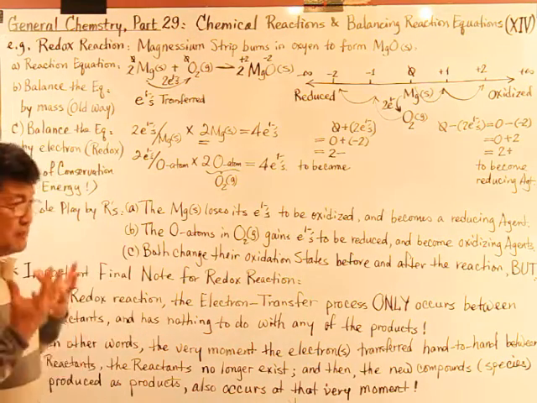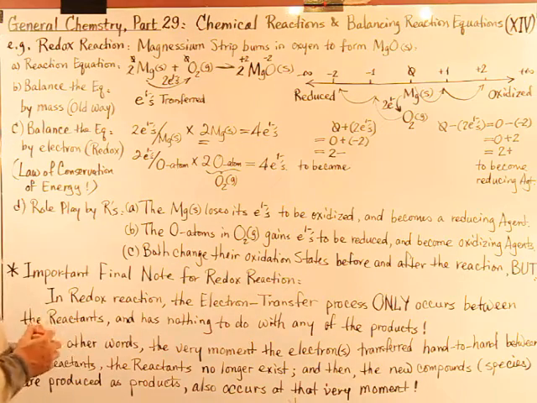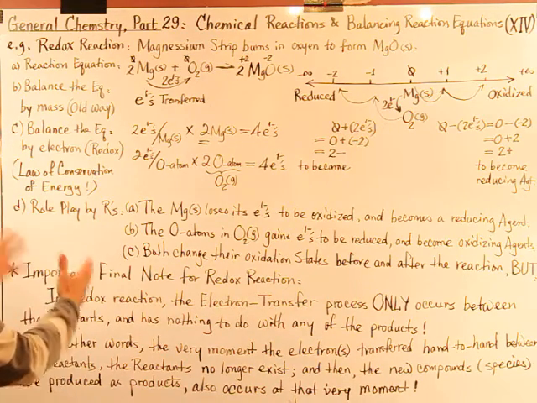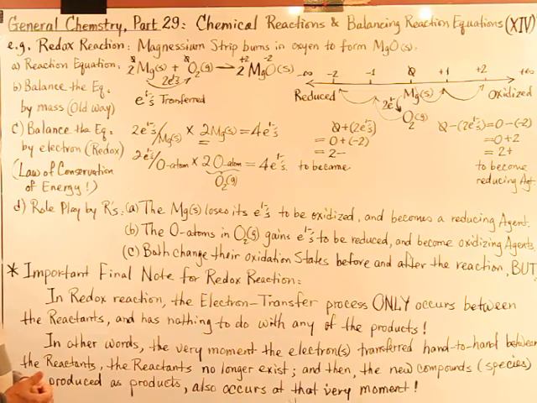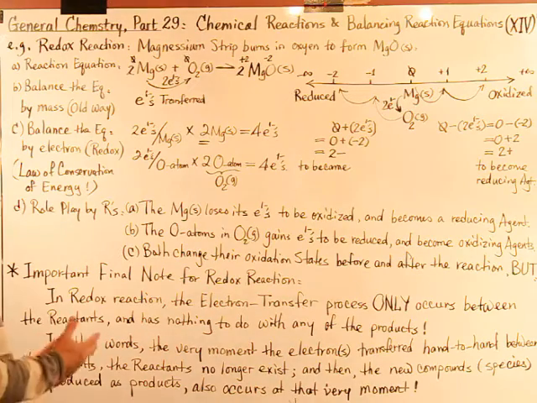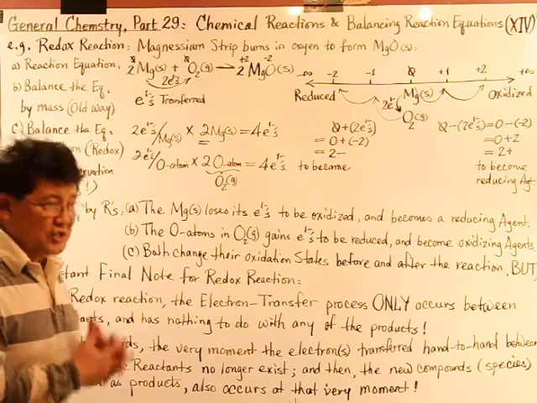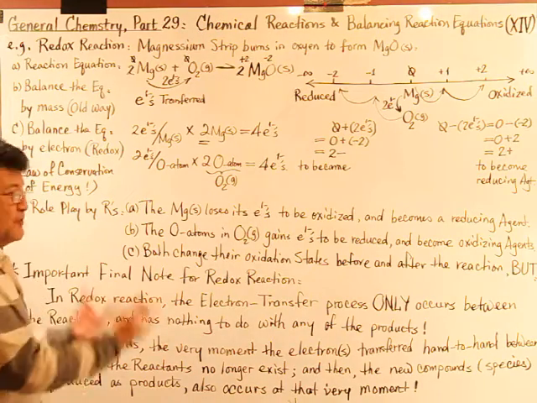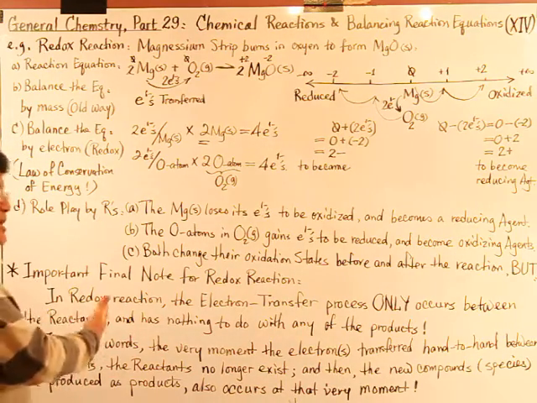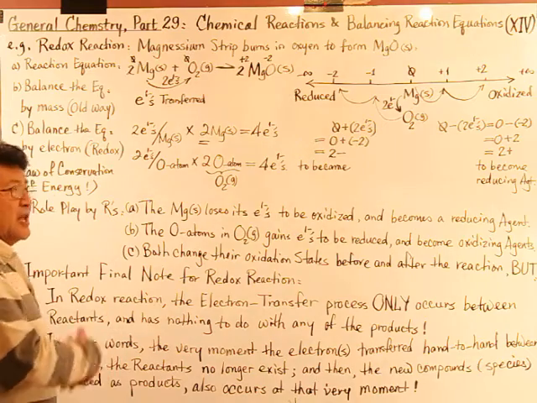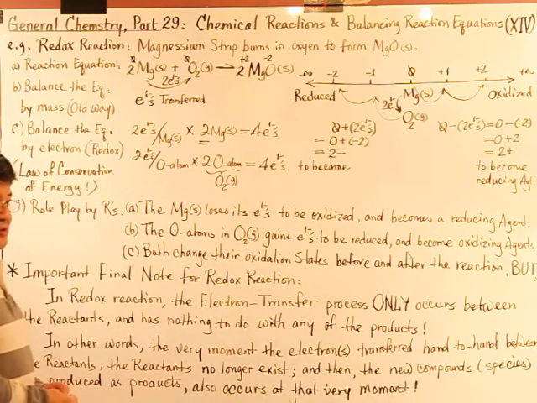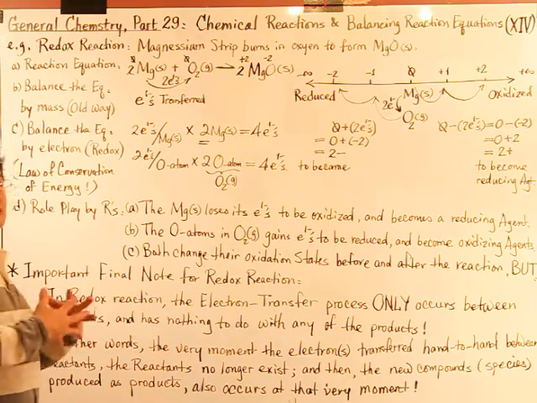So imagine this: the reactants in the redox reaction change their oxidation states before and after the reaction, between the reactants and the products, of course they change. Then it involves electron transfer.